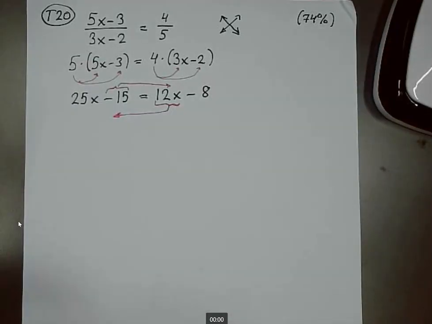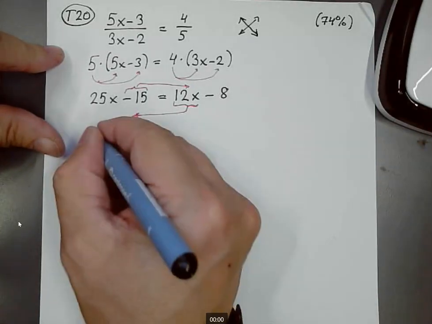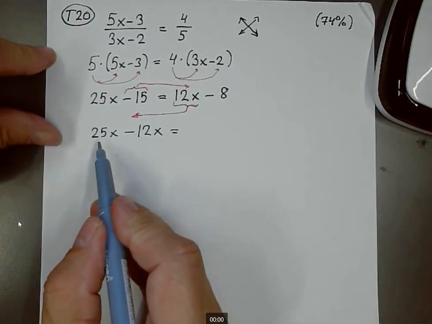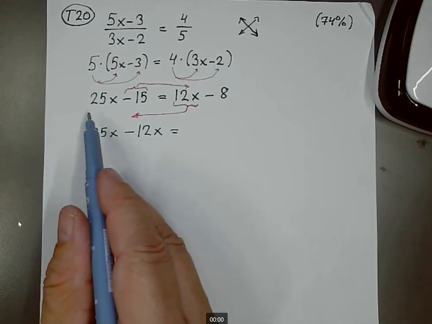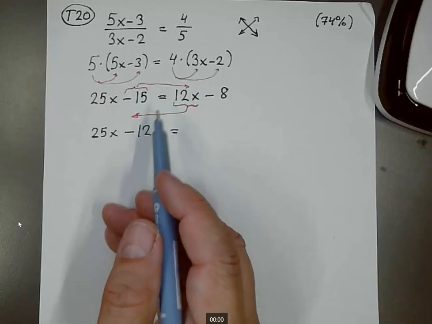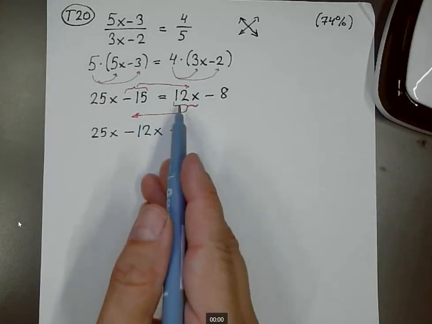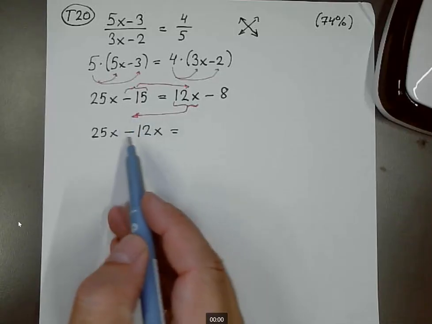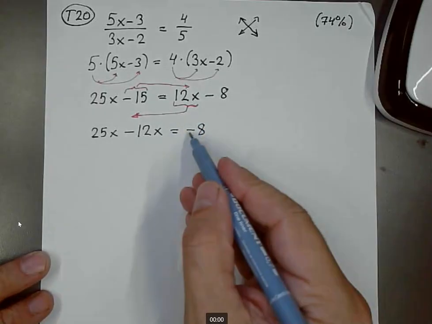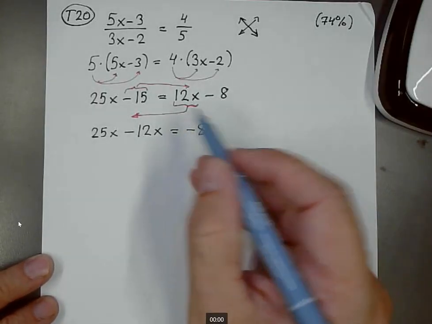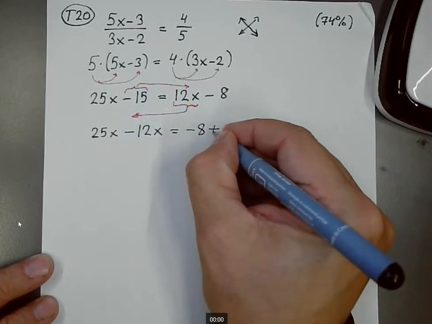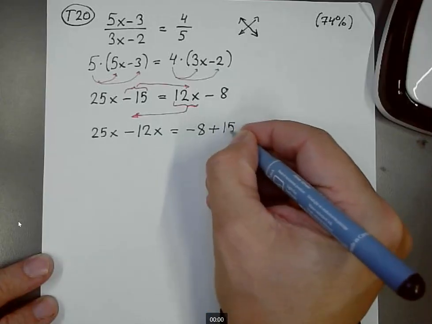So we get the equation 25x minus 12x. 25 is still a positive number because it didn't change the side of the equation, but this 12x moved to the left hand side, so it changed the sign. And the same holds for the numbers. Minus 8 stays in the right hand side, but minus 15 moves to the right hand side, so it changes the sign to plus 15.